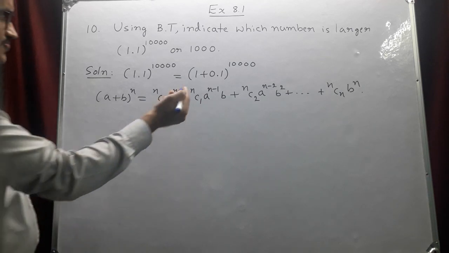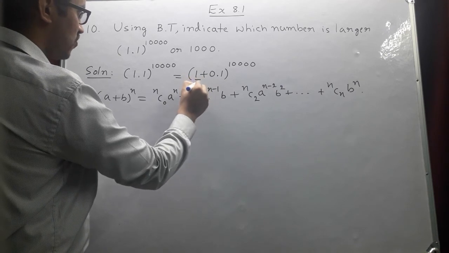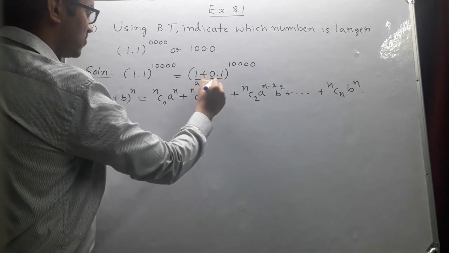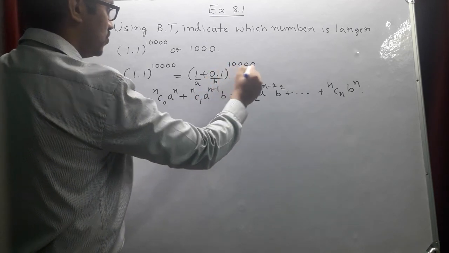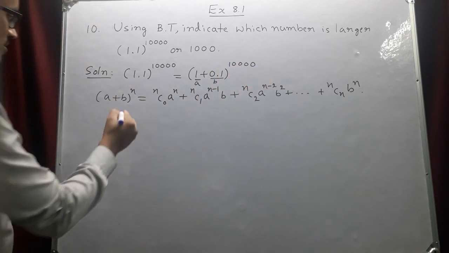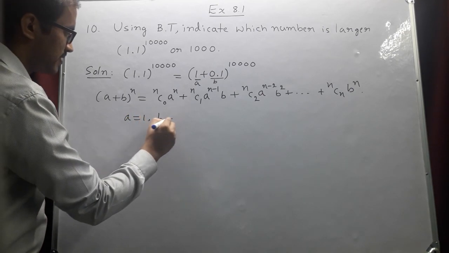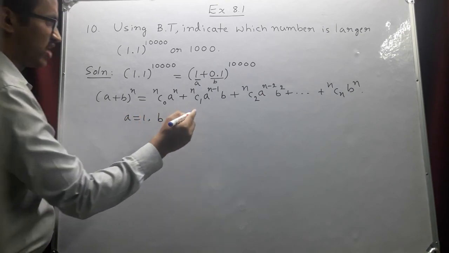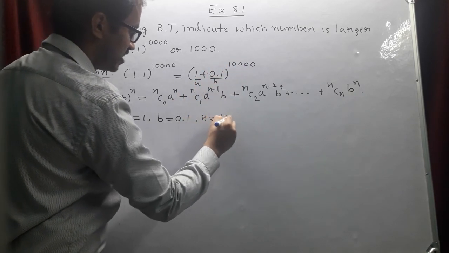Now let us take a equal to 1, b equal to 0.1 and n equal to 10,000.